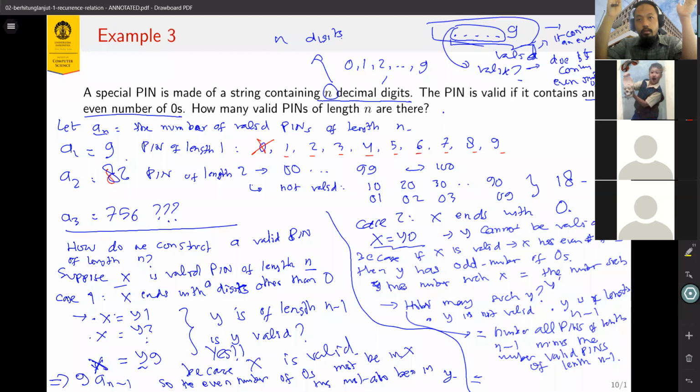Length 3 would be 10 to the power 3. Correct. So how many pins overall of length n minus 1? 10 to the power of n minus 1. Correct. Minus the number of valid pins of length n minus 1.